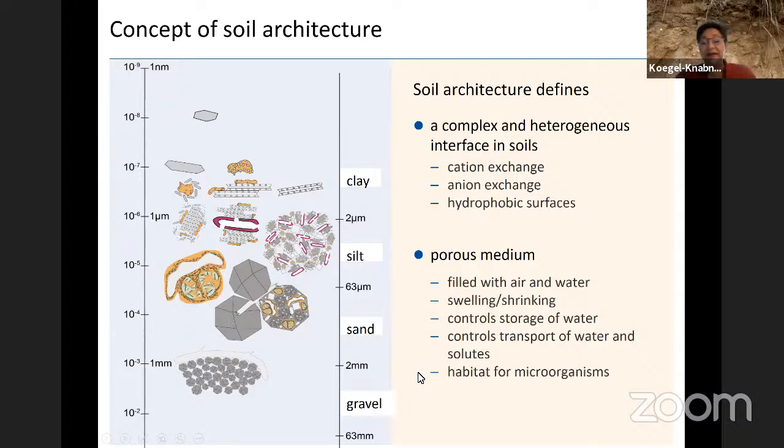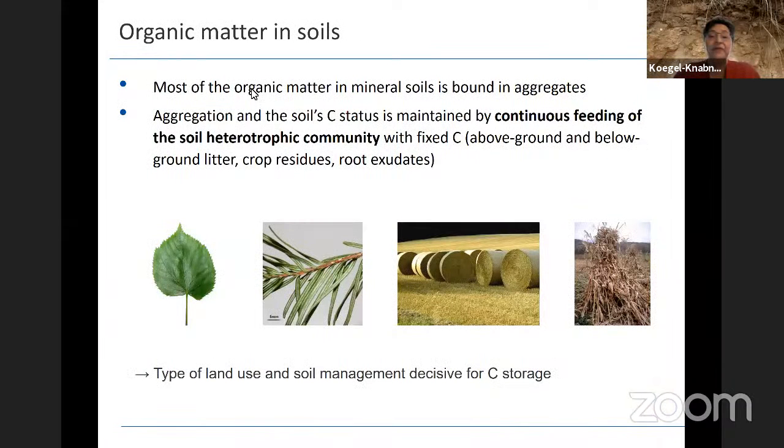And these aggregates are also the habitat for the microorganisms that do all these organic matter transformations, and of course also for other microorganisms. So most of the organic matter in mineral soils is bound in aggregates, and this aggregation and the soil's carbon status is maintained by continuous feeding of the soil heterotrophic community with fixed carbon.